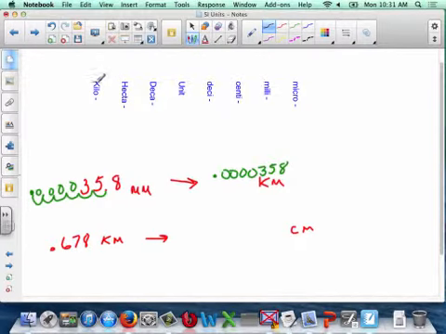Okay, so let's start counting, right? 1, 2, 3, 4, and 5. Well, what direction did I move? Right. It was to the right. So I move my decimal 1, 2, 3, 4, 5. So I get 678. And then 2 more blank spots.